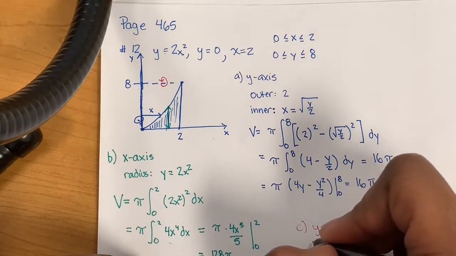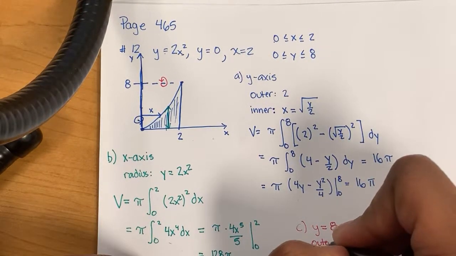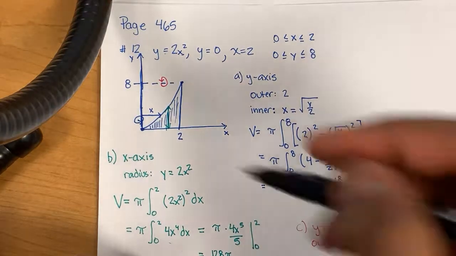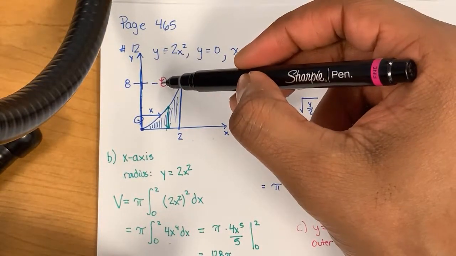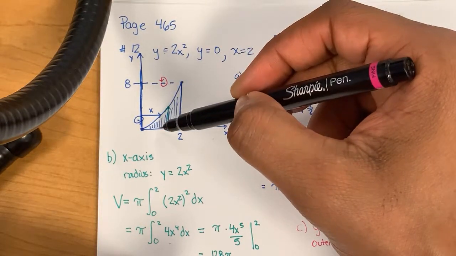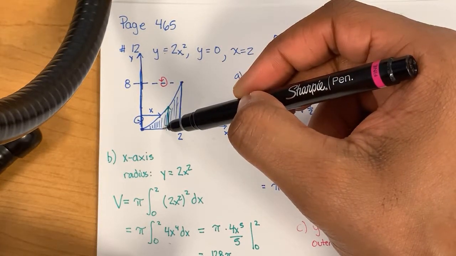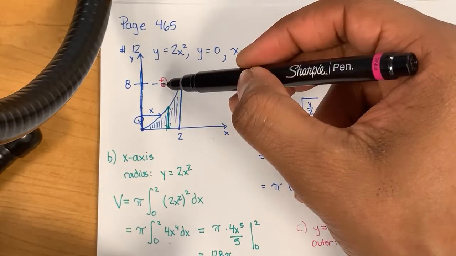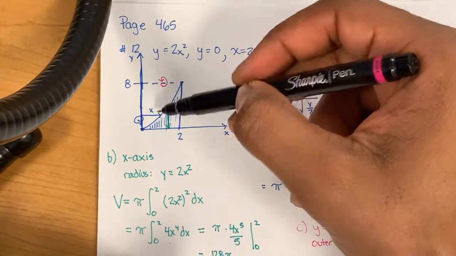So first we determine our outer radius. The outer radius is going to be the distance from the axis of revolution, which is y equals 8, all the way to the end of the solid. So this distance is consistently going to be 8.